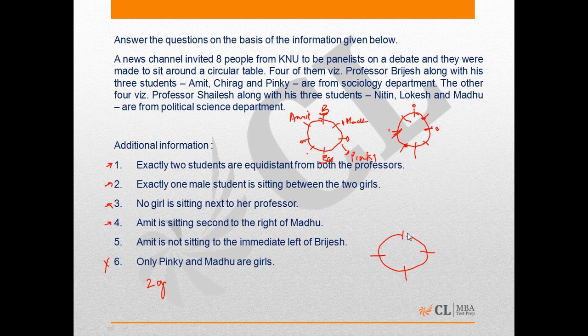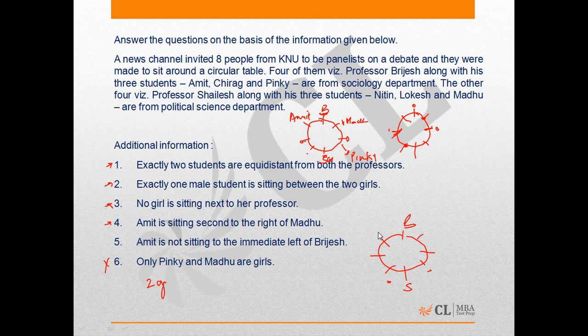And when we choose other possible positions for the girls, like these 2 positions, in this case one of the girls will be immediately next to her professor, so this is not a possibility.